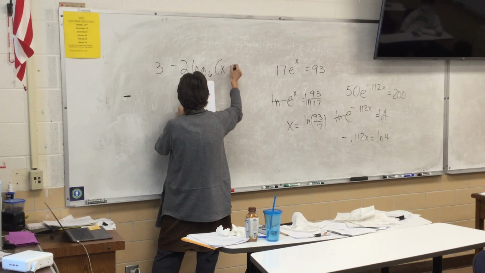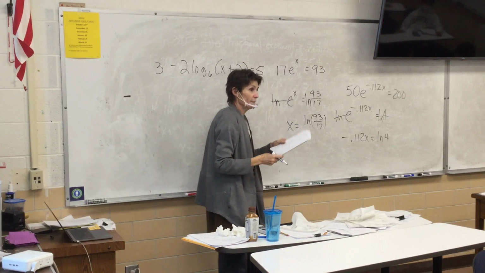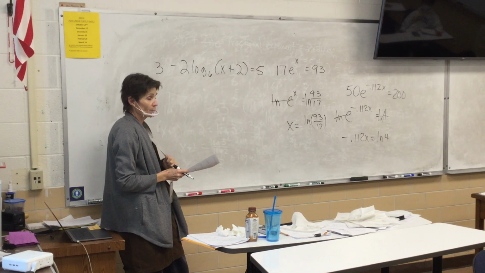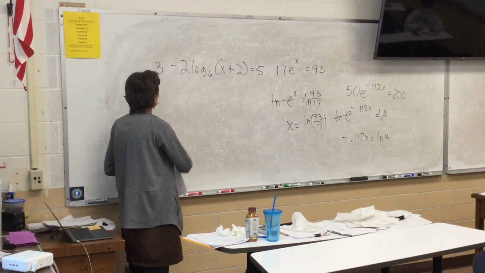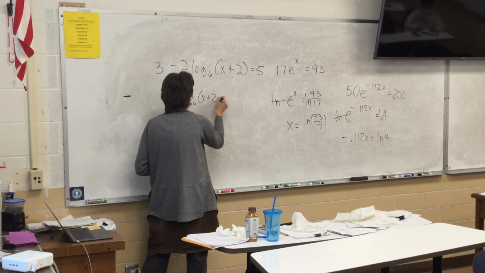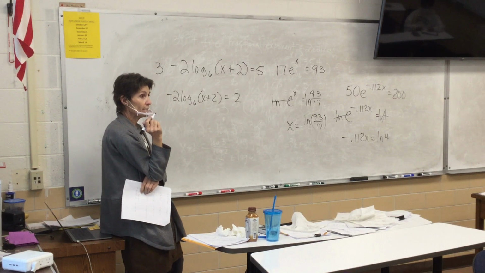So think about Mr. Miller loop-de-looing, but you can't loop-de-loo yet. What do we have to do first? Minus the 3. And then divide by -2. Everybody okay with that? Subtract 3.